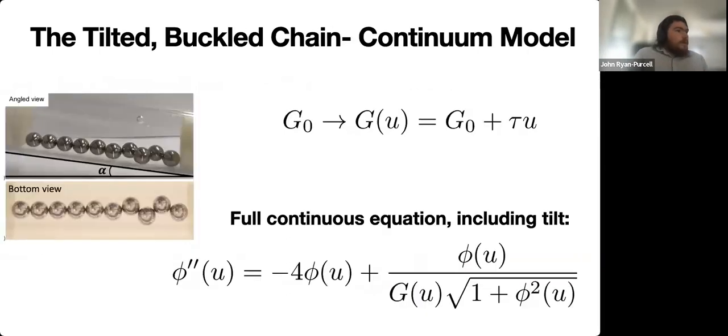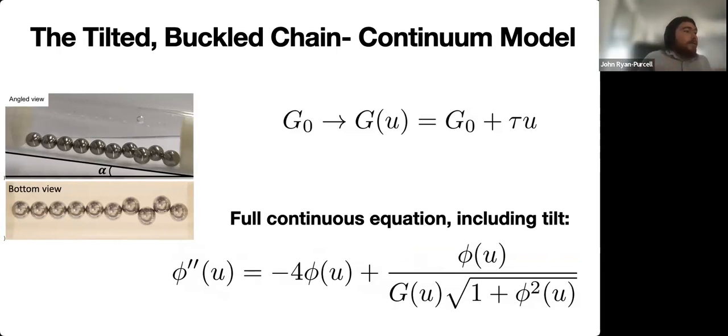Perfect. So we also found it interesting to add another dimension to this problem, which is the idea of tilt. In order to break the symmetry along the central axis of the system, you can add a longitudinal force which acts along that direction. The implementation is simply that the compressive force acting along the spheres now picks up a tau times u term.